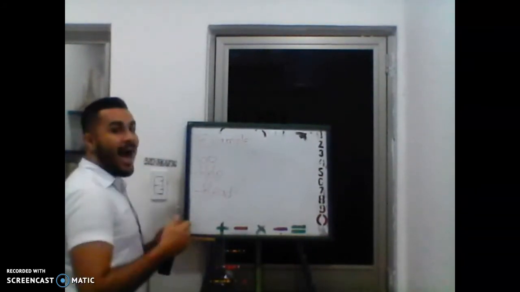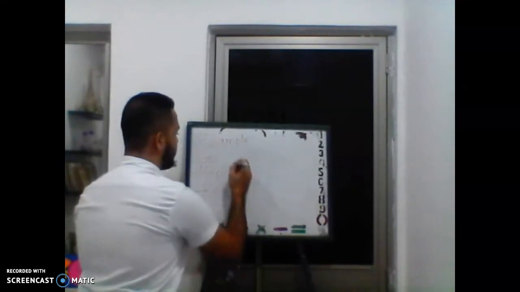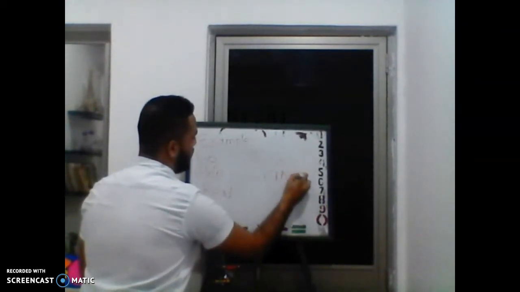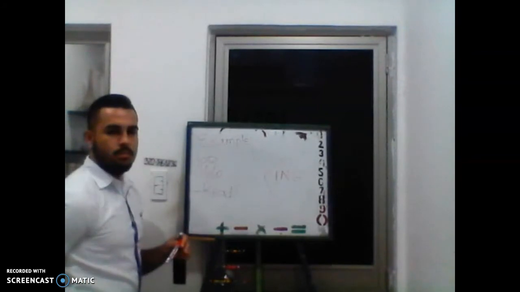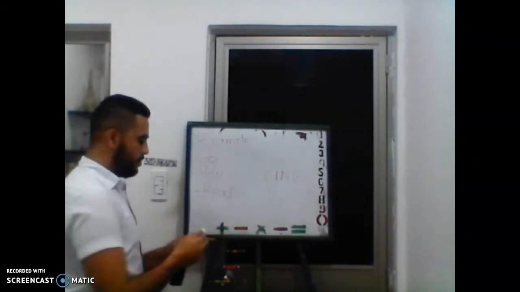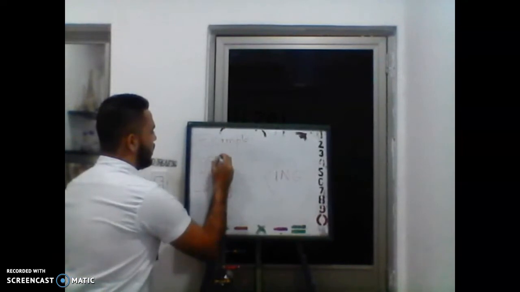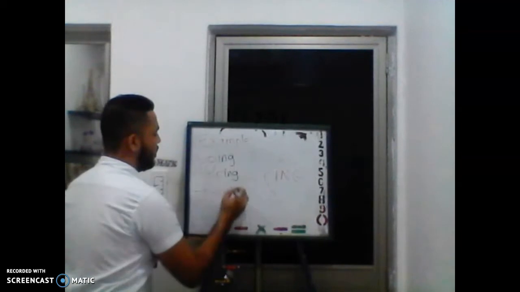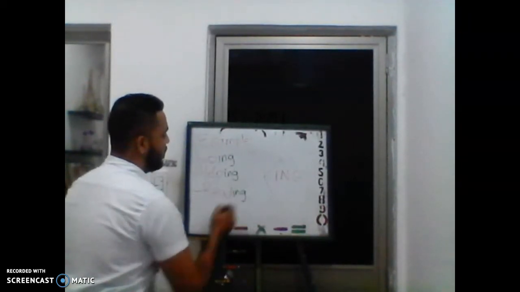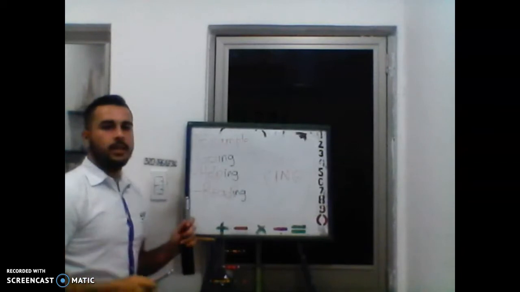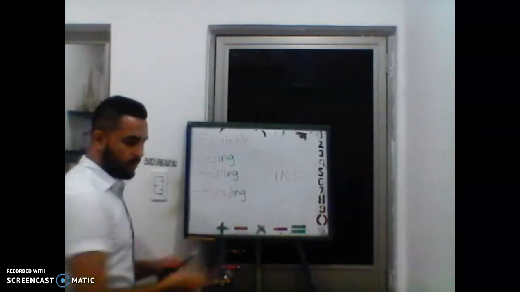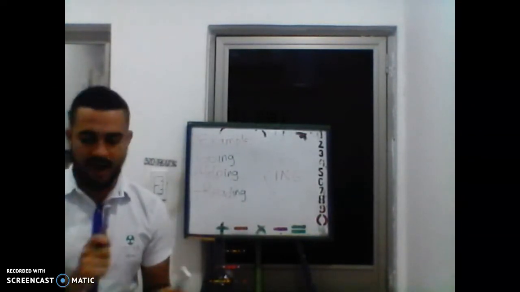We are going to add ING. So, going, helping, and reading. This is the present continuous. This is the present progressive. This is the gerund. Very good. Do you understand me? Very good.